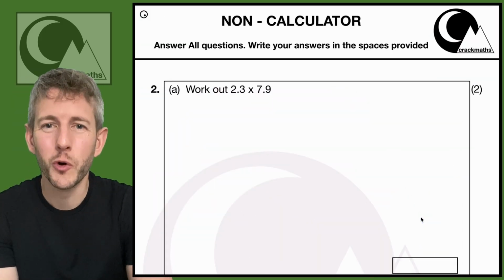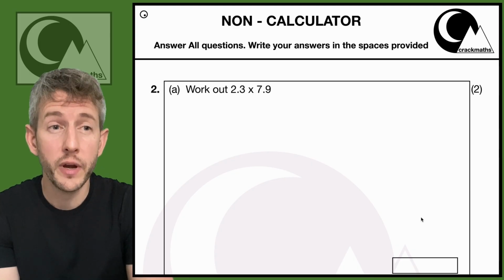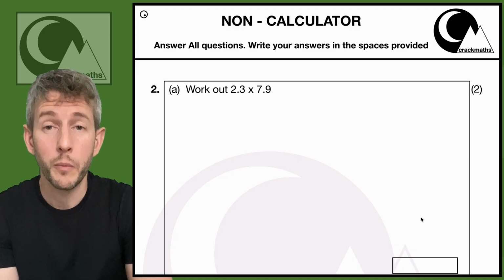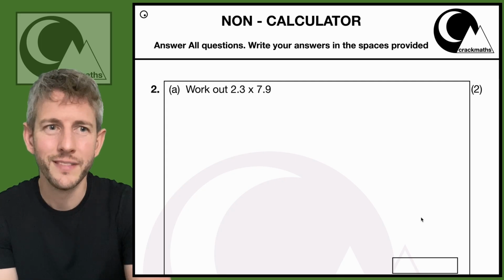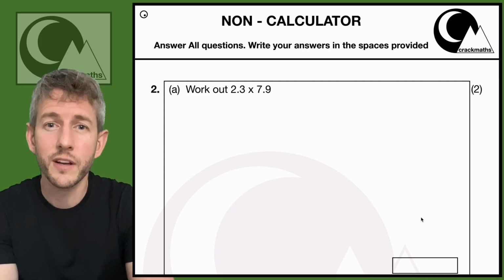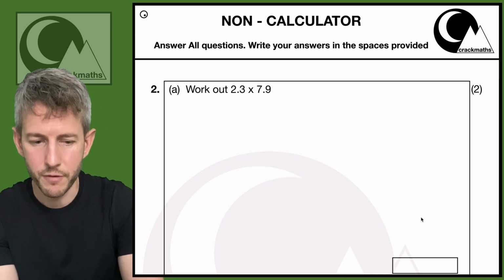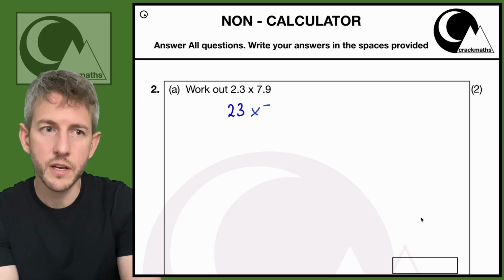Right, so here we go, we've got question 2, and this is work out 2.3 multiplied by 7.9. Right, so we've gone through several methods of how to do this. What I'm actually going to do for this is think about these numbers as 23 times 79.